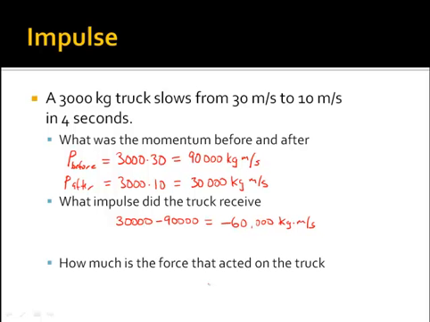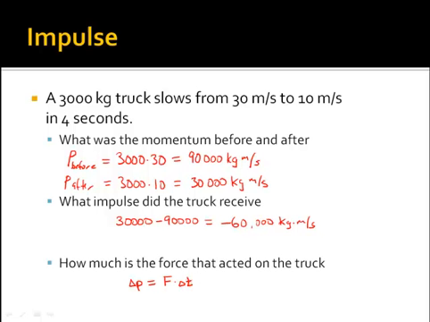The final question is, what's the amount of force that was acted on the truck to produce this change in momentum? Remember that the change in momentum, or the impulse, is equal to the force that was exerted times the time that was exerted for.